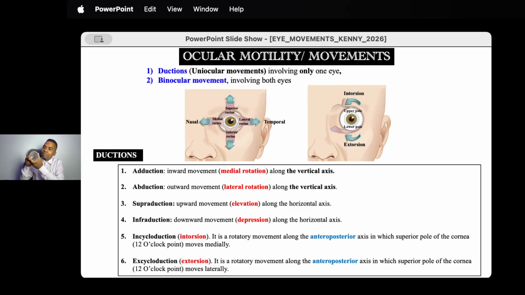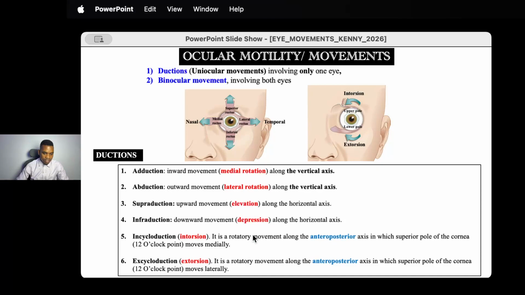Now assume I have a 12 o'clock position somewhere here, and this is medial, this is lateral. So when this 12 o'clock position moves medially this way, this is called incycloduction or intorsion.